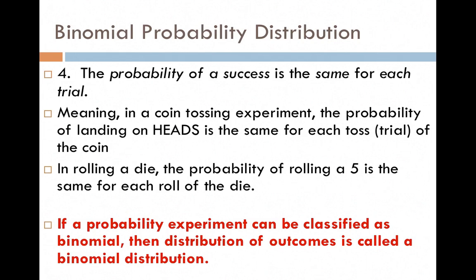A loaded die could cause the probability of success to change each time as well. Okay, but if we do have those 4 conditions met, we have a binomial experiment, and the distribution of all the outcomes of a binomial experiment creates a set of numbers called the binomial distribution.